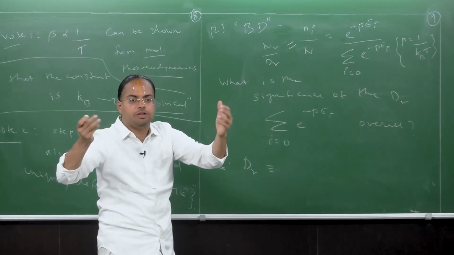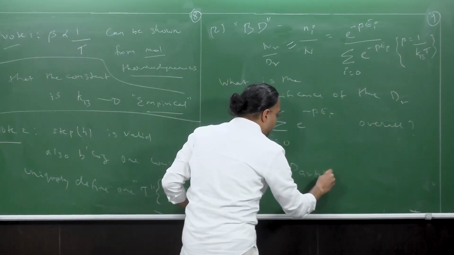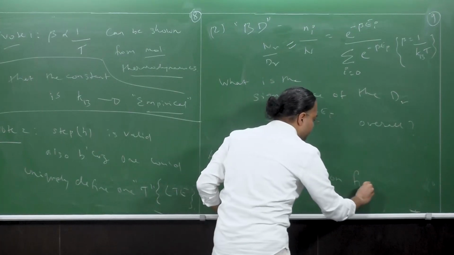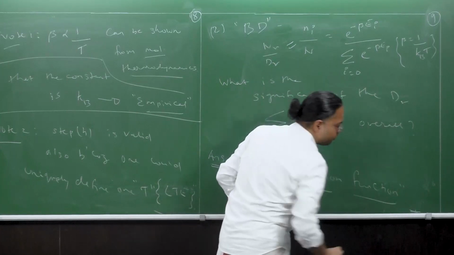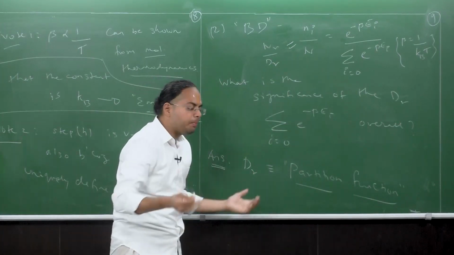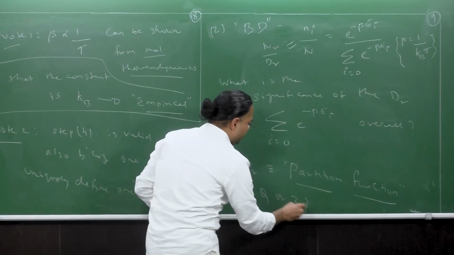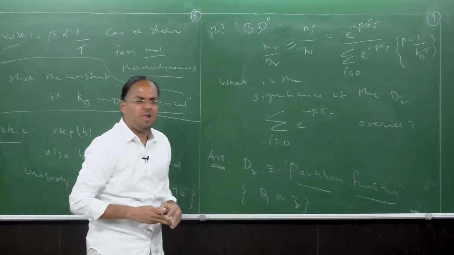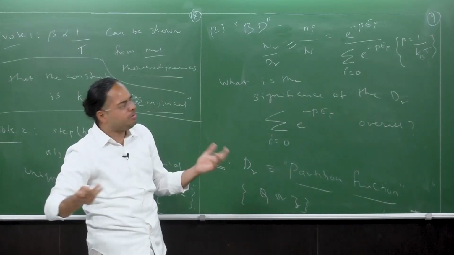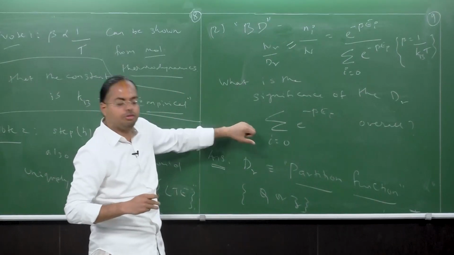Please take this to heart. It is for a system, typically denoted by Q or Z, capital or small depending on the context. For this course, maybe we'll be using the symbol Z. So this is the partition function for a system.